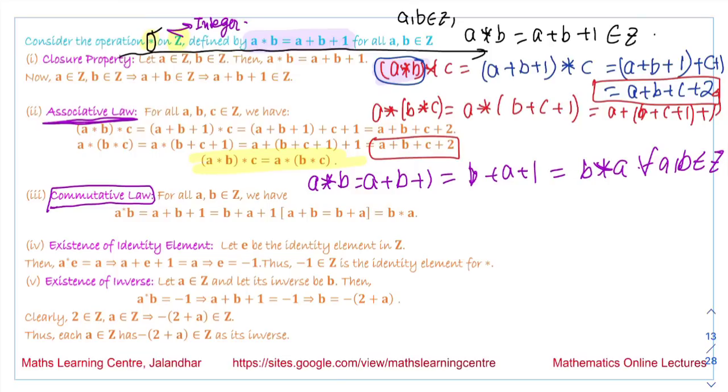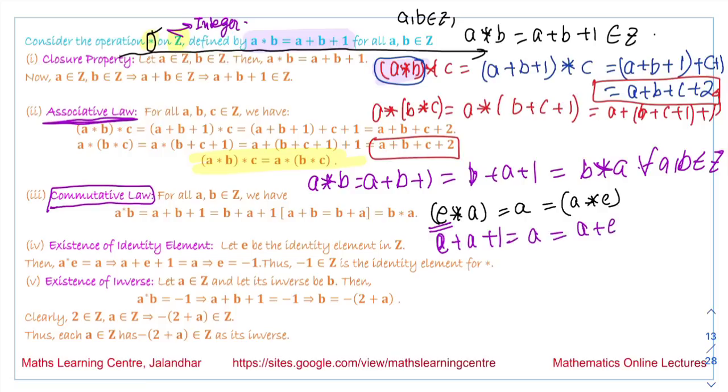Next thing, we have to find the identity element. So for the identity element, we want to calculate an element, say element E, which is the identity element, then E star A should be equal to A, that should be equal to A star E. So if we solve this, it is E plus A plus 1 is equal to A, that is equal to A plus E plus 1.